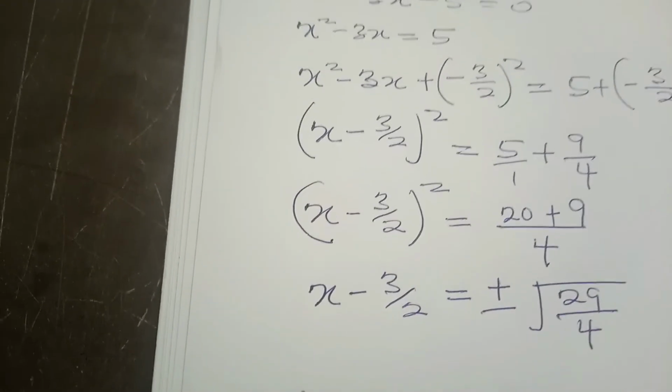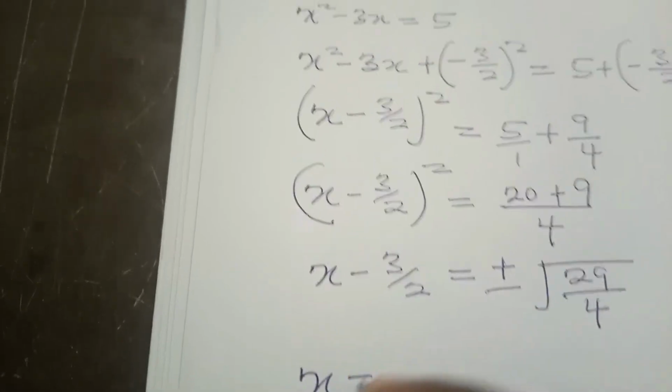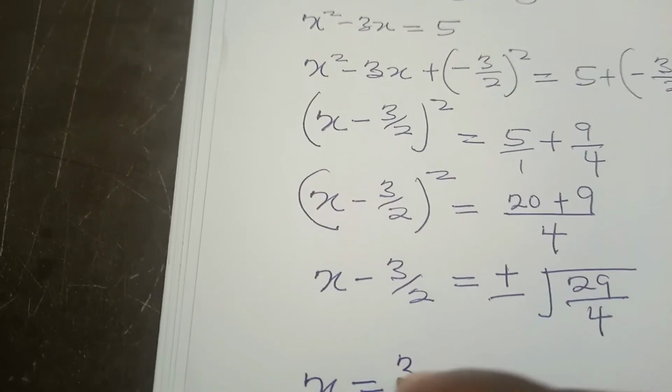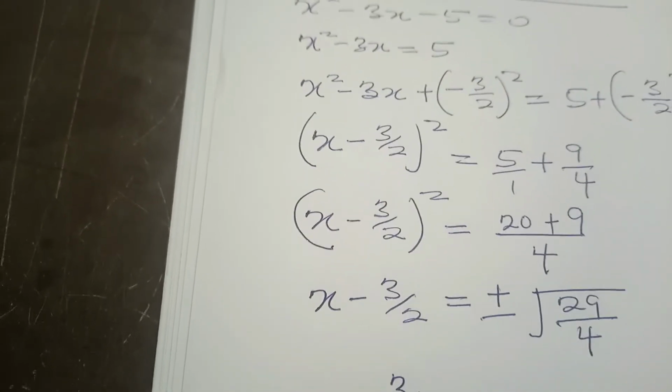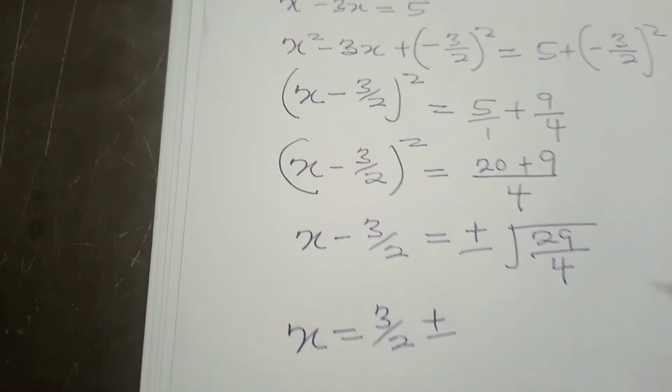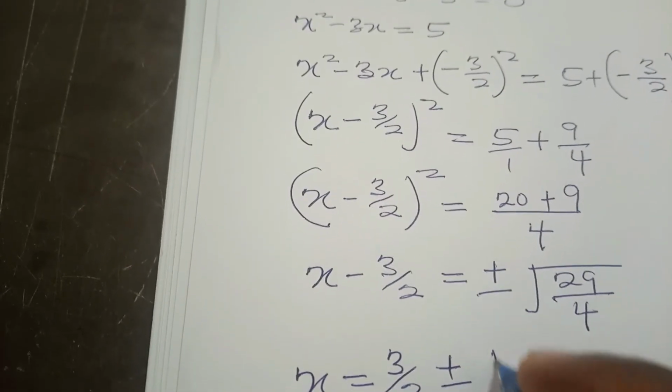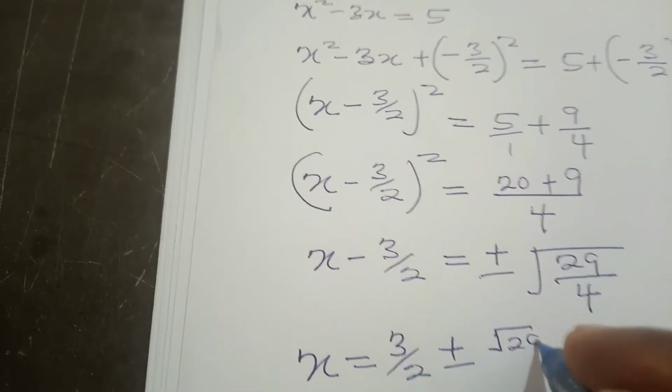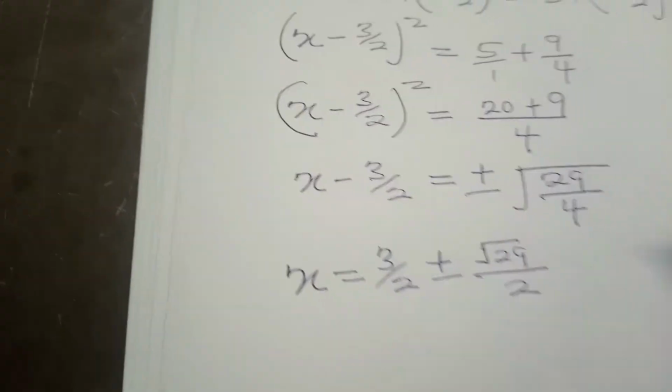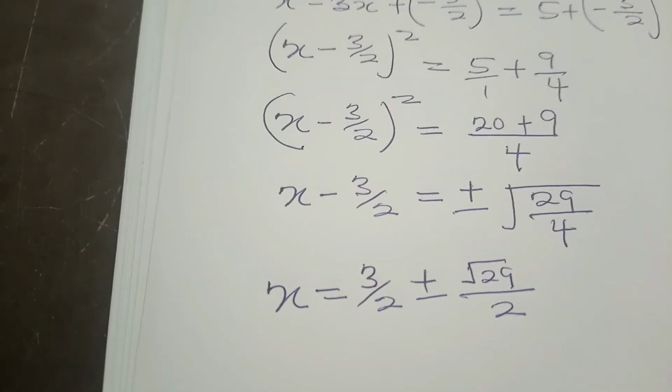Now we move this to the right hand side to make x the subject. X becomes 3 over 2 plus or minus square root of 29 over 2, because square root of 4 will give us 2.